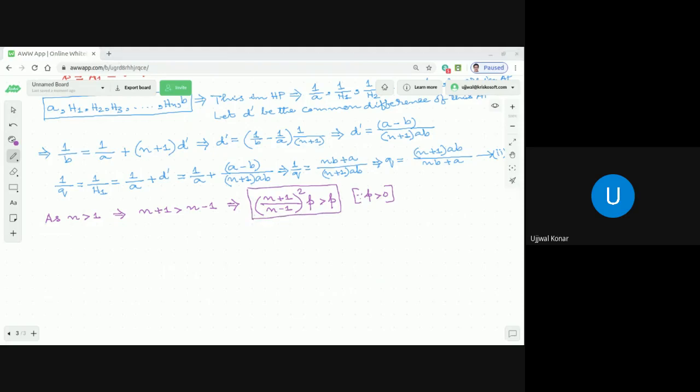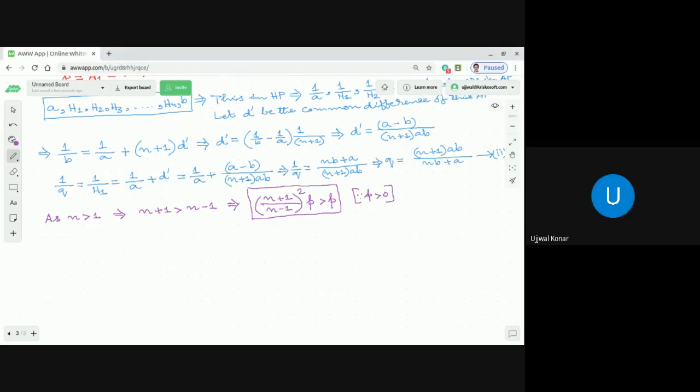Now we need to find a relationship between p and q. What is our target? Again, go back. We need to show that q cannot lie between p and ((n plus 1) by (n minus 1)) whole square into p. One thing we have partially achieved. Now all you need to show is that p is greater than q.